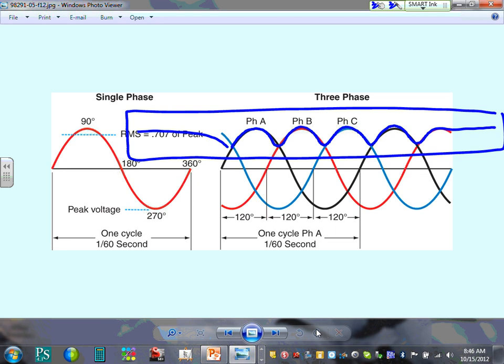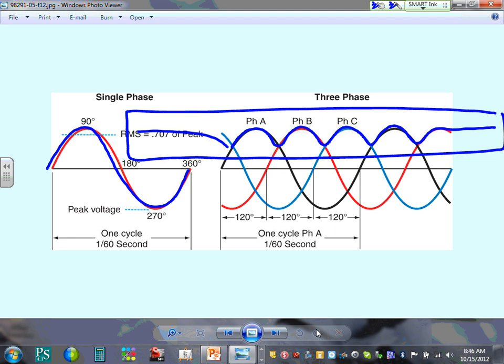This is the reason why AC three-phase is superior to AC single-phase, because your equipment is going to see that almost DC, right?